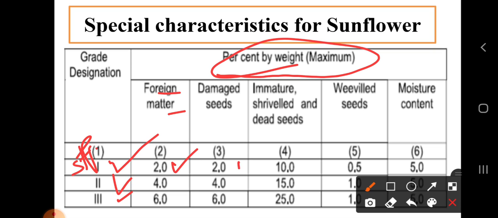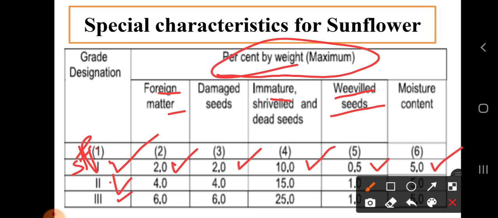Damaged seeds should not be more than 2%. Immature seeds should not be more than 10%. Weevil seeds, or seeds infected by any insect or pest, should not be more than 0.5%, and moisture level up to 5% only.